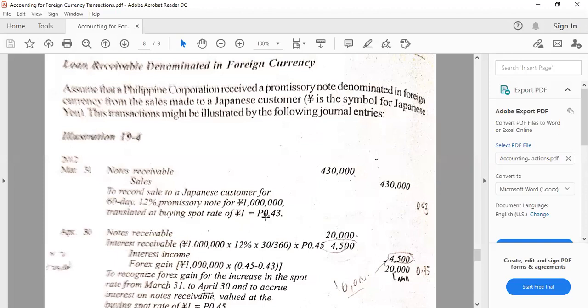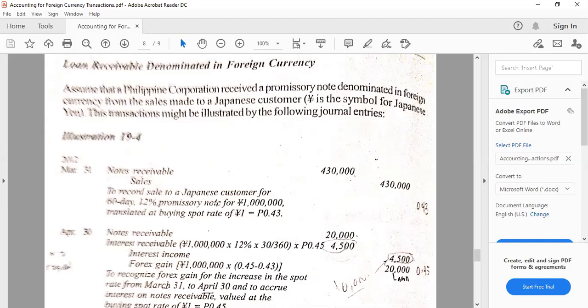If we convert this to the indirect quotation, you will get that 1 peso is 2.32 or 2.33, rounded off, of the yen. So this means that it takes 2.33 yen to match 1 peso.